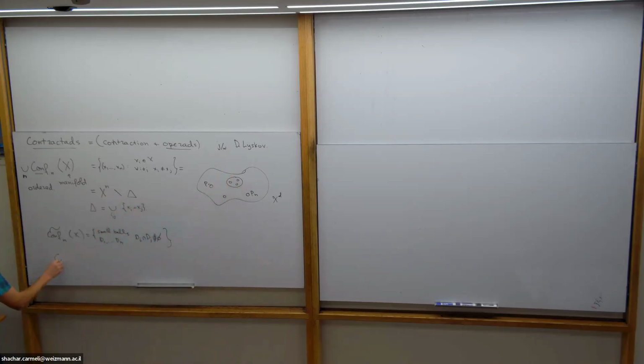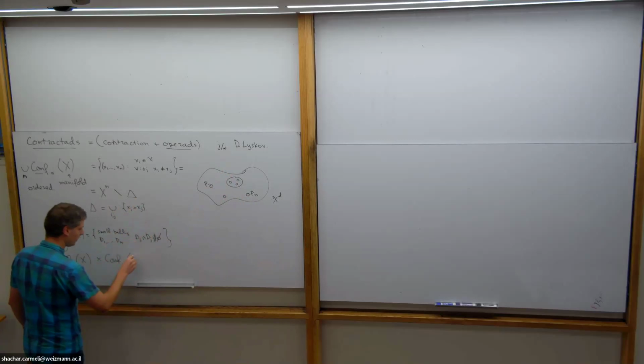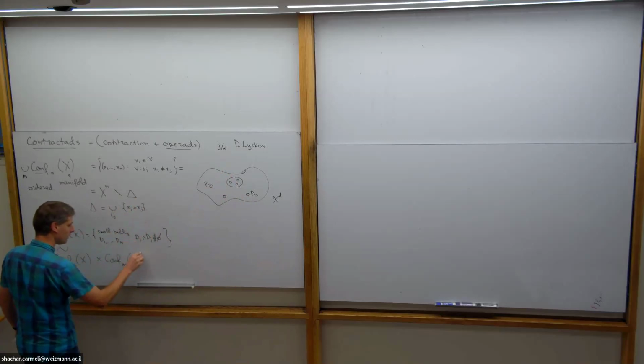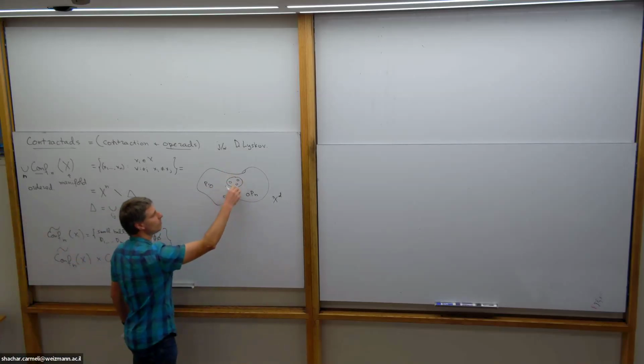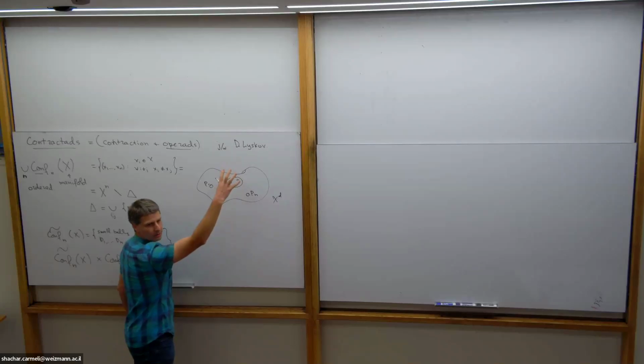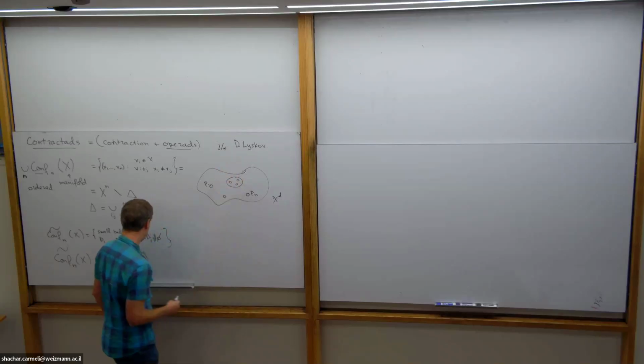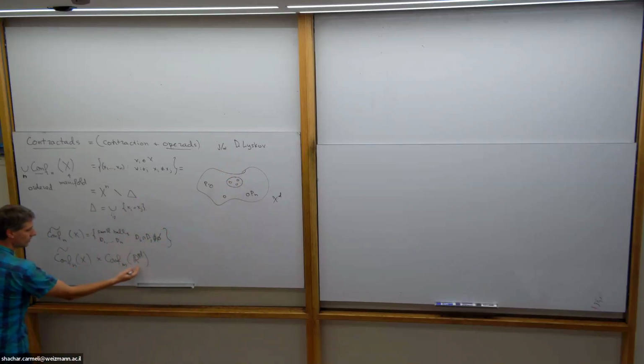That means that you have a natural operation from Conf_n of X and Conf_m, but not of X, but of R^d, the balls in flat space, since here there's only a local story.